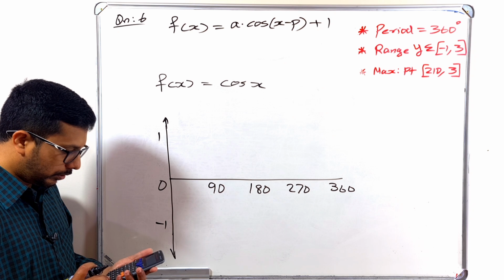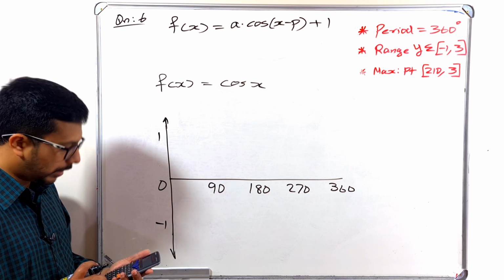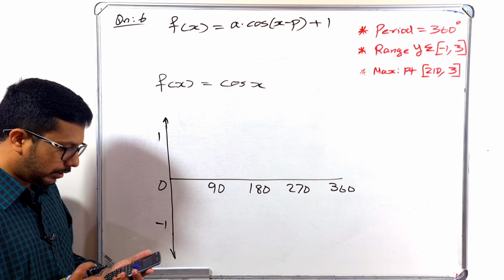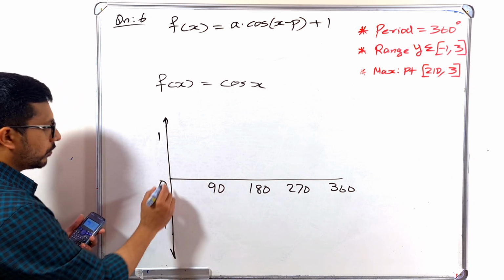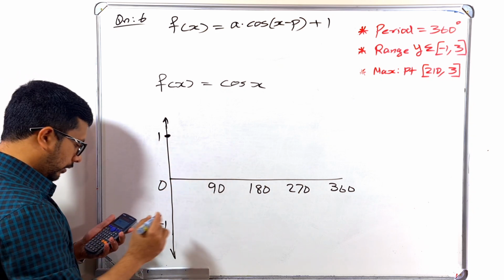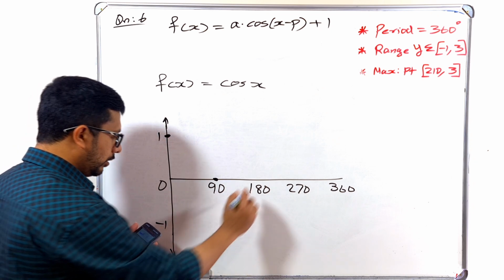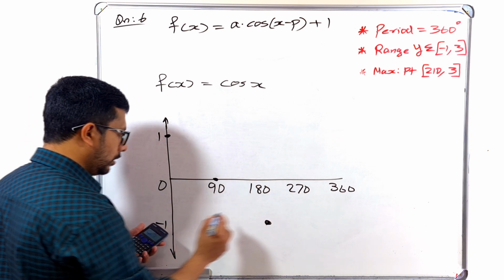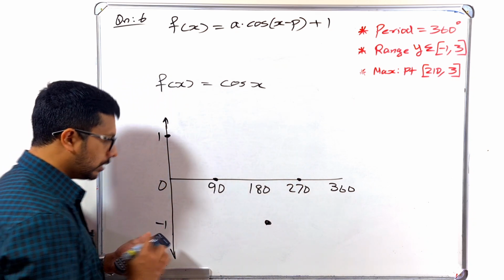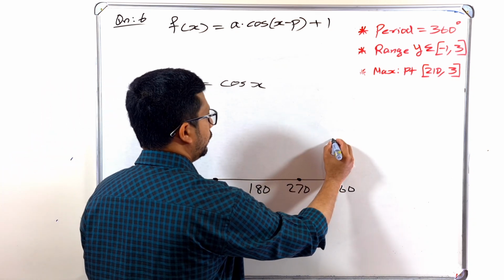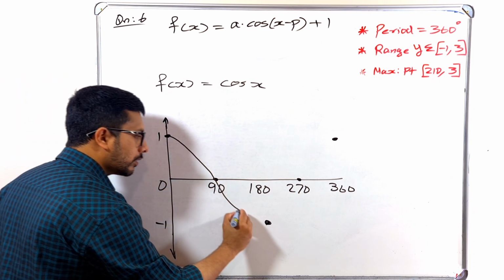Start 0, end 360, then step 90. For 0 it is 1, for 90 it is 0, for 180 minus 1, then 270 again 0, and 360 is 1. So the graph is like this.